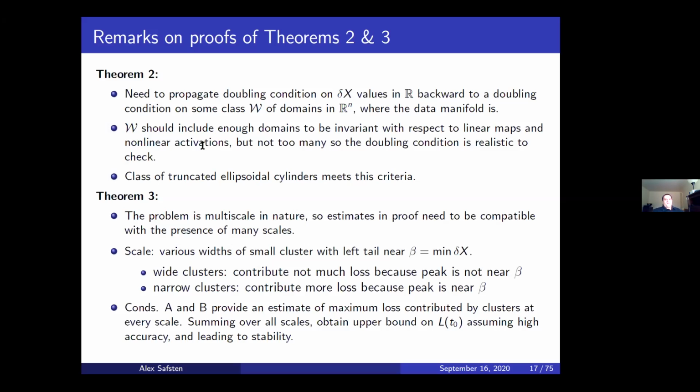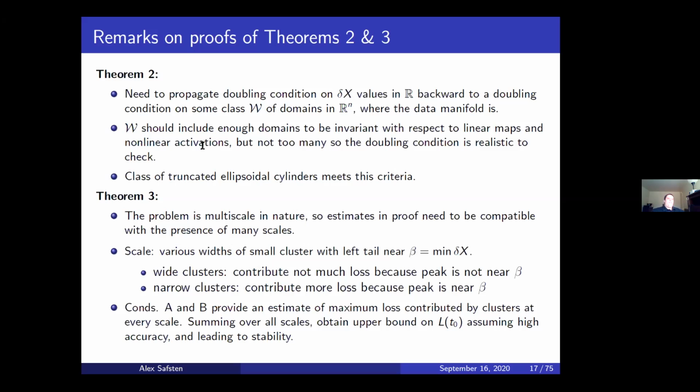And the question then is, what class of domain should we use? This class needs to be invariant with respect to the linear maps and nonlinear activations. So it needs to contain a rather wide class of domains, but it can't be so big that the doubling condition is impossible to verify. So we settle on truncated ellipsoidal cylinders as a class that meets that criteria.